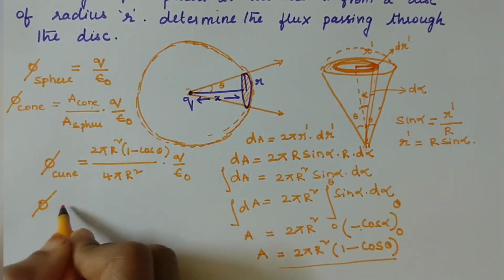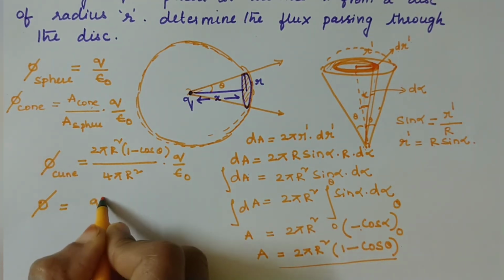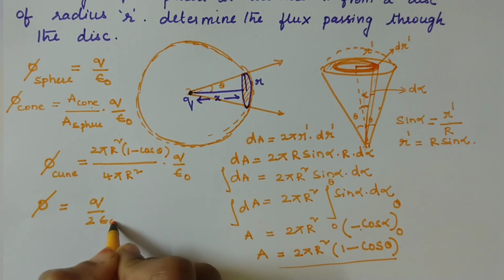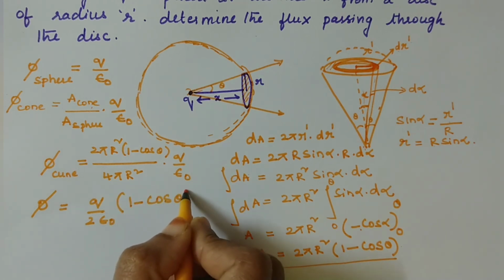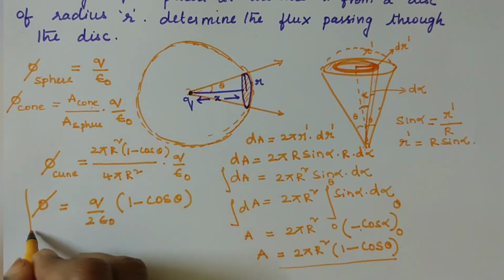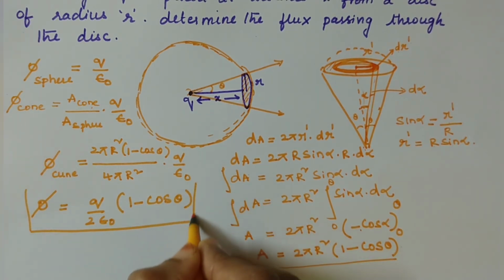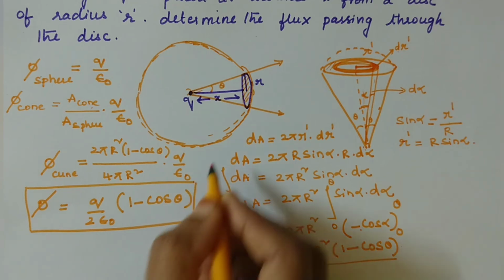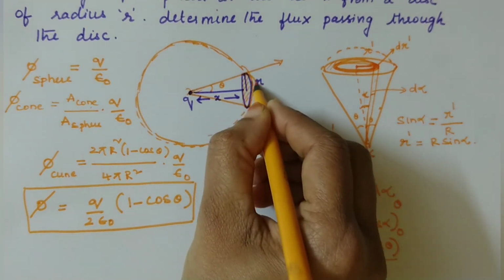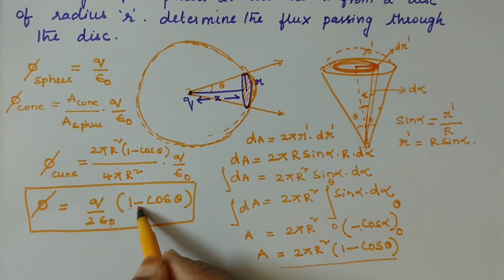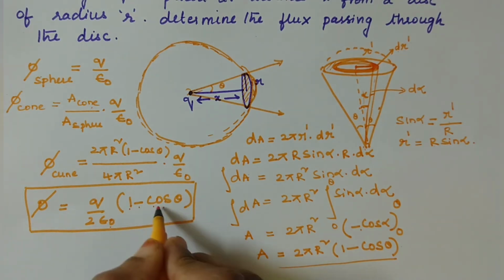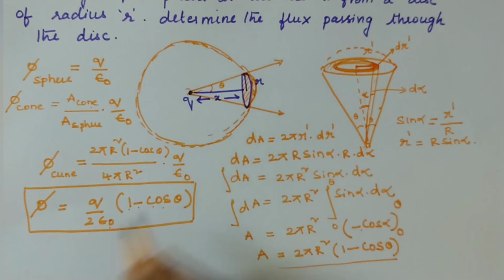So phi is equal to q by 2 epsilon naught into 1 minus cos theta. Once you get this result, you can remember it. Flux passing through this disk or a cap like structure would be q by 2 epsilon naught into 1 minus cos theta.